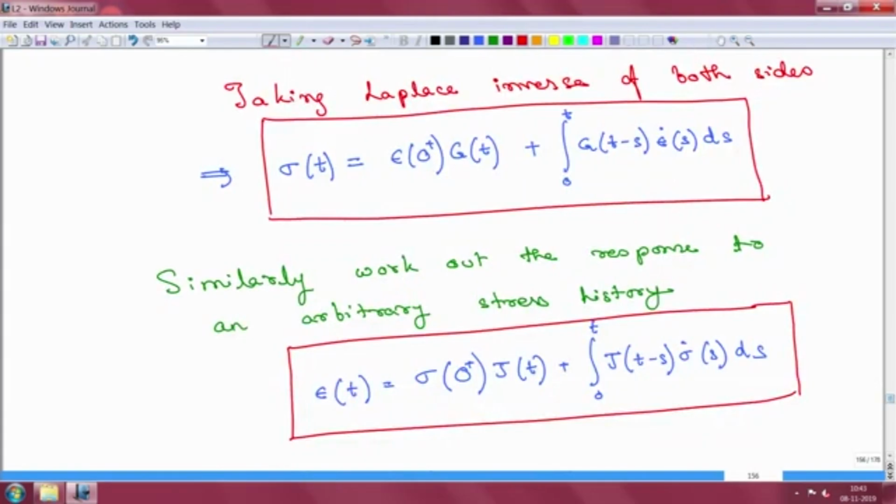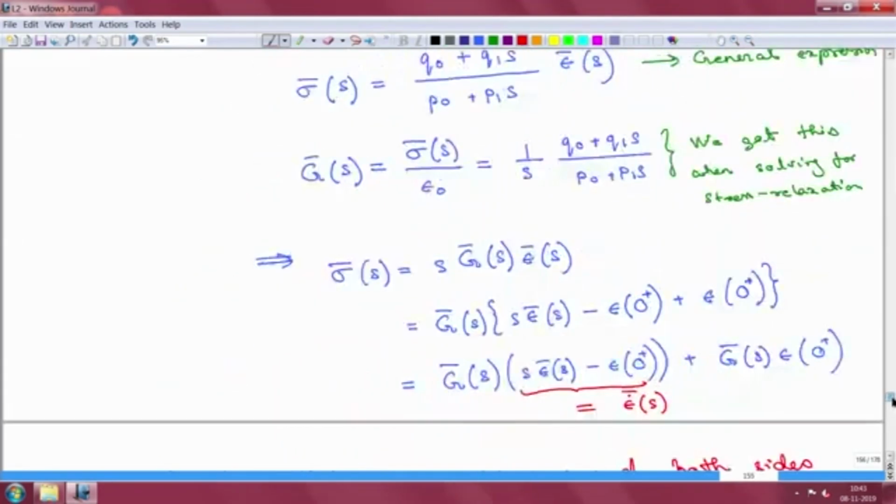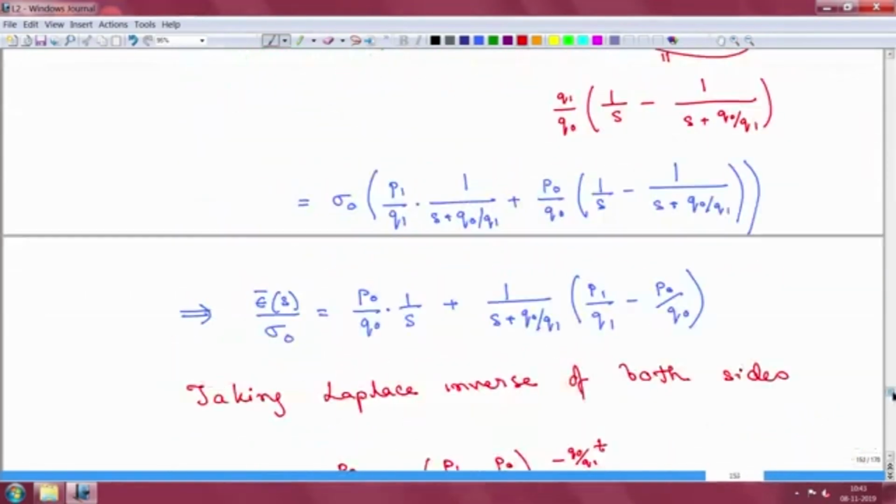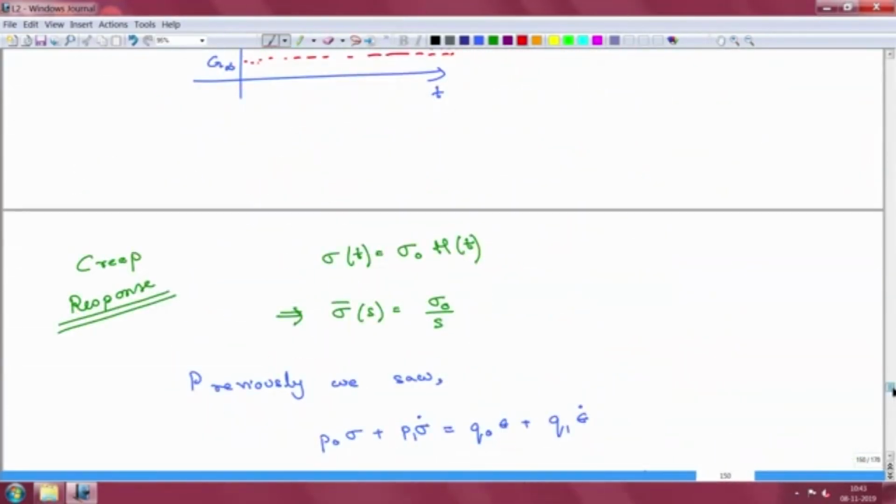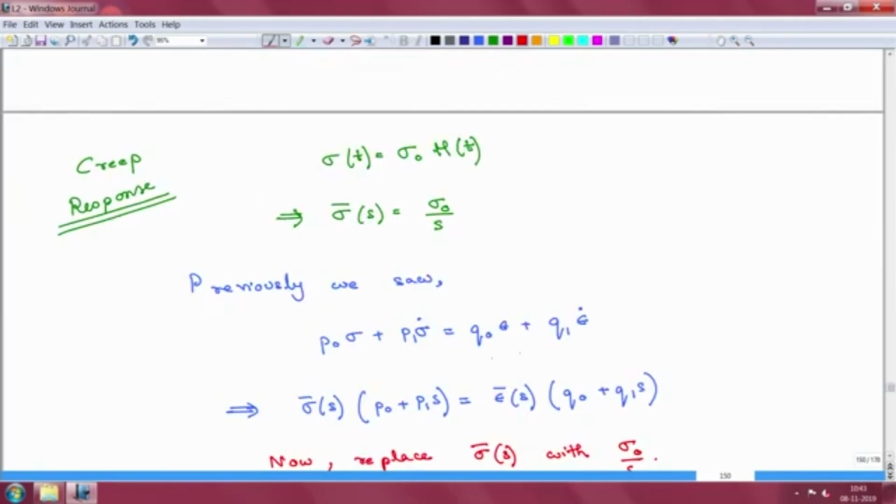Okay. So, we had derived this particular expression for a special case, and this special case was for this particular equation, right.